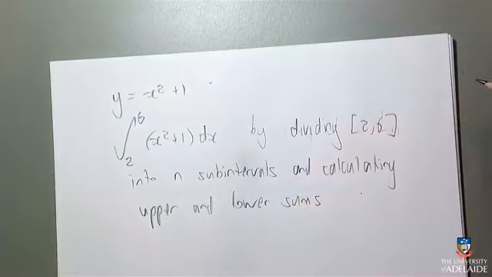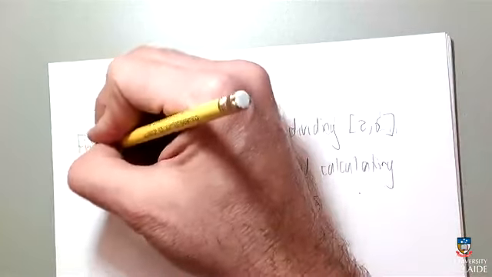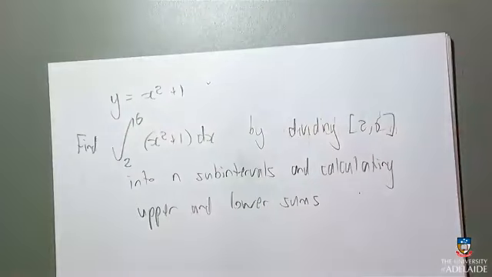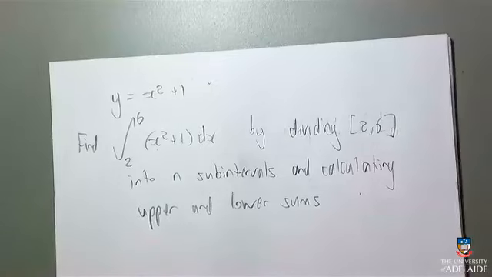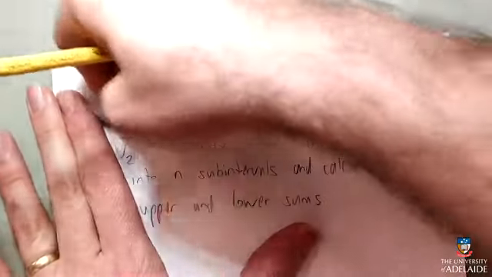Something like that, where you've got an integral of something and you want to find this definite integral by dividing that into n subintervals and calculating upper and lower sums, that sort of thing. Right. All right.